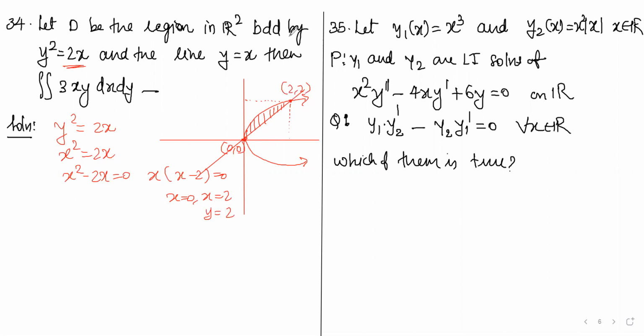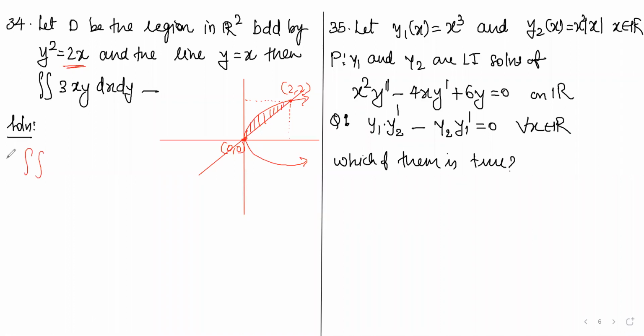All I need to do is evaluate this integral by taking these two curves. So here I get a double integration, this 3 will be outside, x, y. Since it is dx dy, I need to first find the limits for y. So y is moving from 0 to 2.